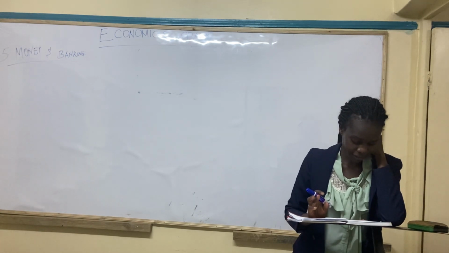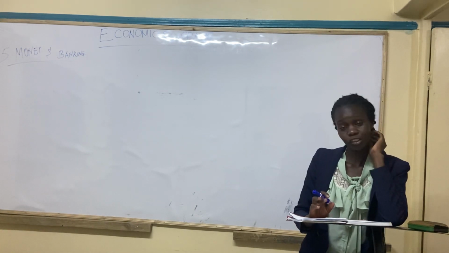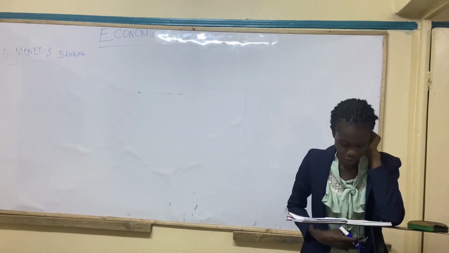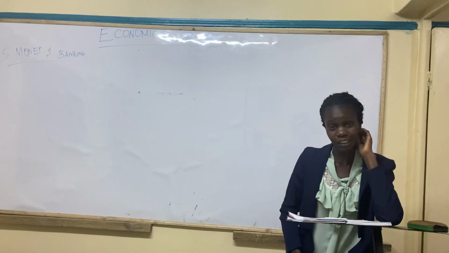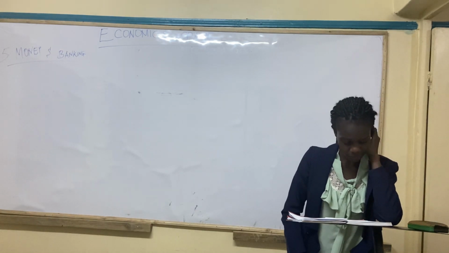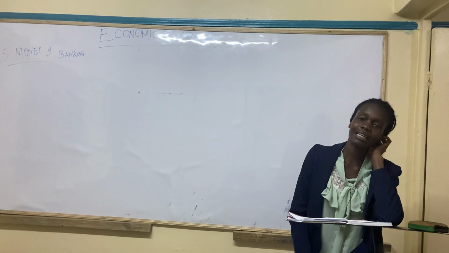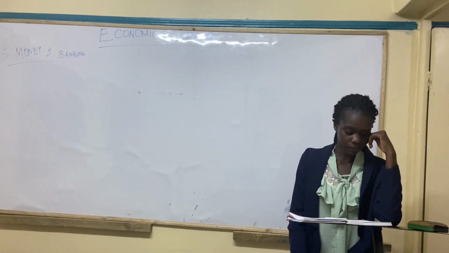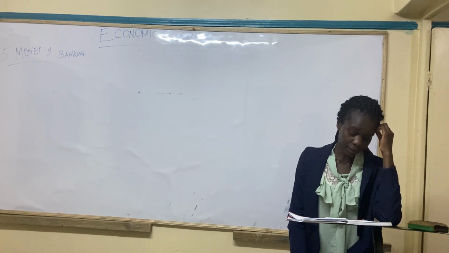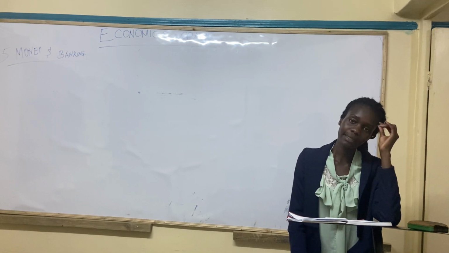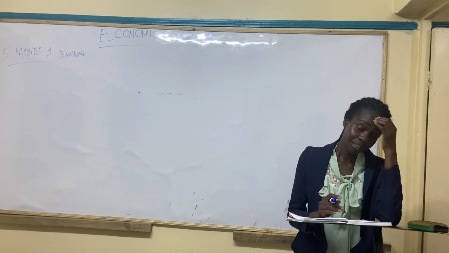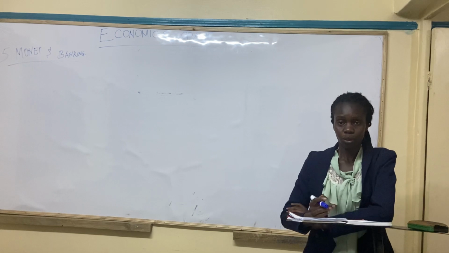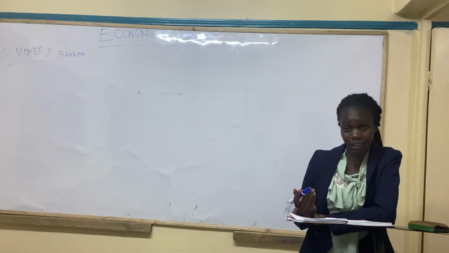The functions of Central Bank: the first one is they issue notes and coins. The second one, they are lenders of last resort. As we say, lenders of last resort, let's say for example, a bank has exhausted all its money, so it can opt to go to Central Bank to borrow some money.